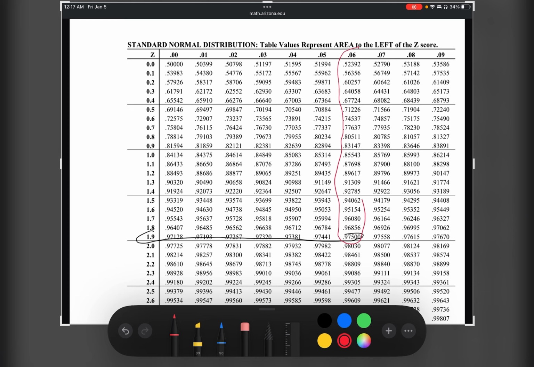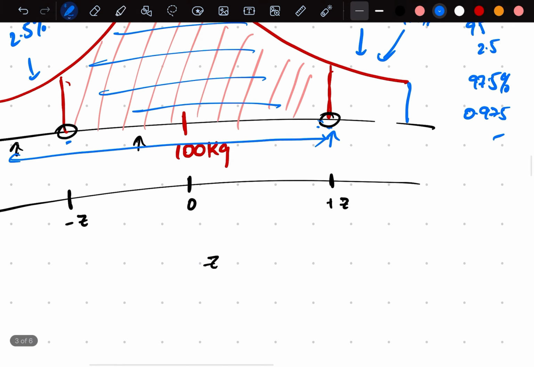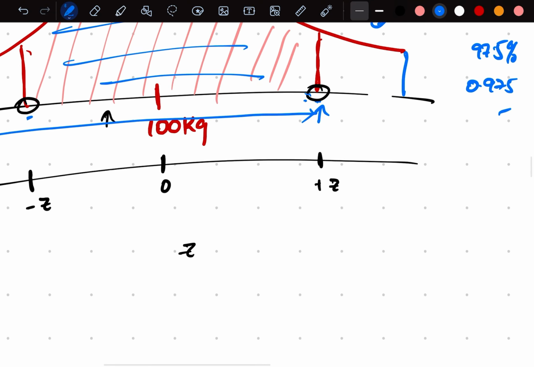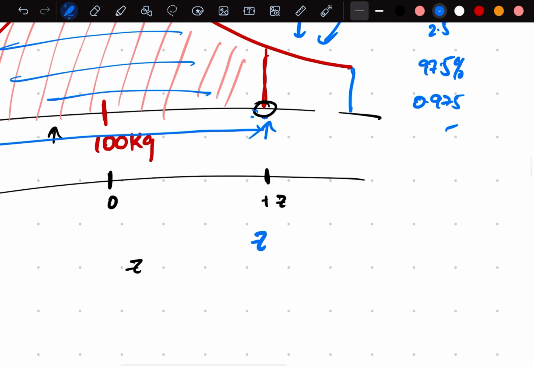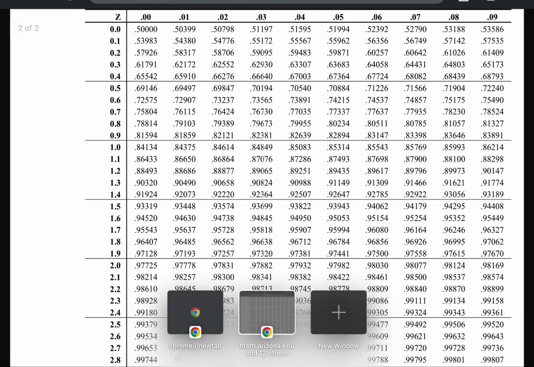It says 1.976. Okay. So 0.975 is here. So Z value would be 1.96.